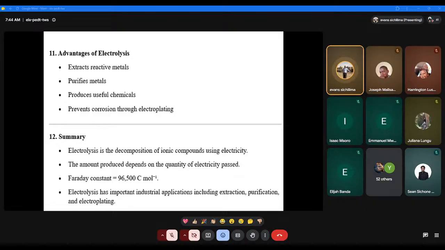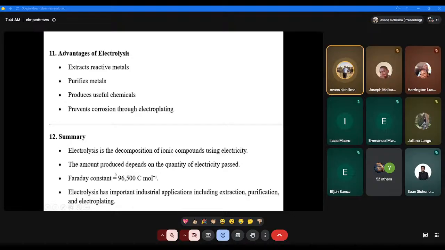Then the Faraday constant also comes into play. It is a factor that is used to determine how many moles are going to be produced, especially the number of moles of electrons, because in it we have the coulomb and the mole. So when you divide the charge by the Faraday constant, it gives you the number of moles.